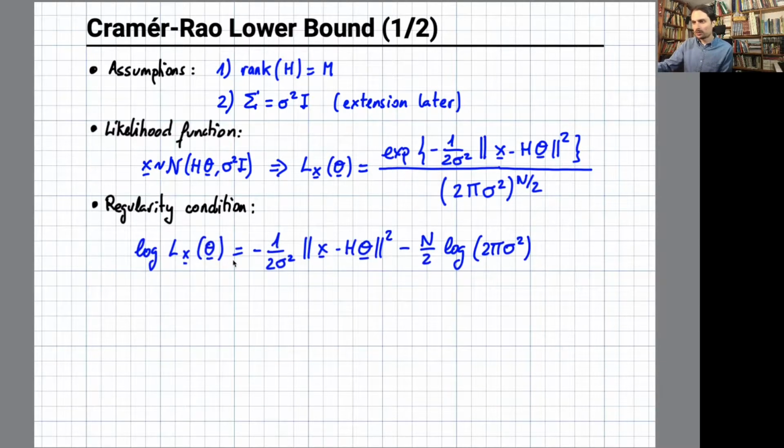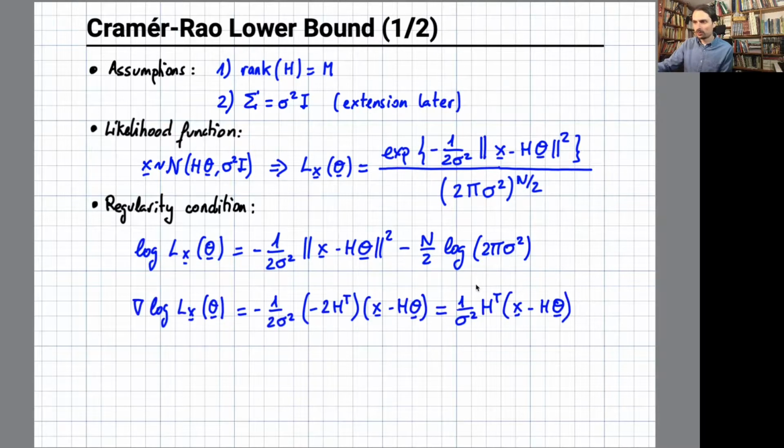The log likelihood function is obtained just by taking logs in the likelihood function, right? This is a straightforward computation, and the gradient can be obtained just by applying the chain rule here.